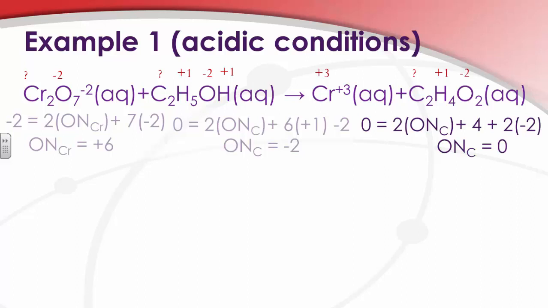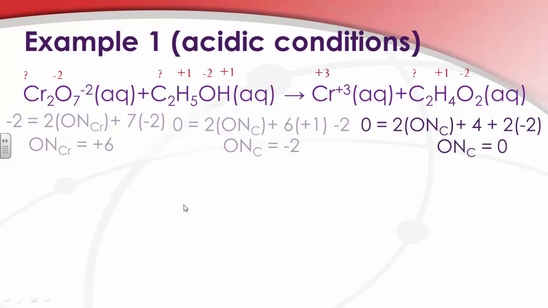And so now we have what we need to determine how the electrons move. So you can see that the oxidation number for chromium moves from +6 to +3. What this means is that the chromium is in fact accepting 3 electrons.